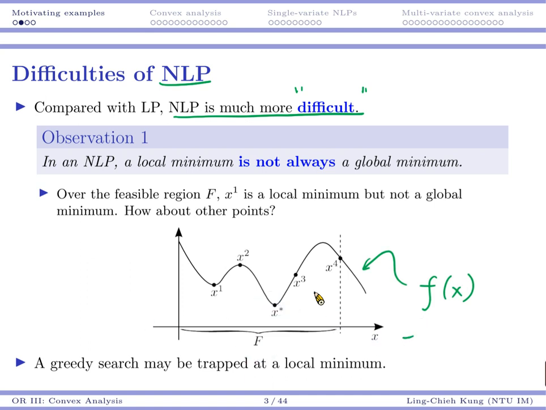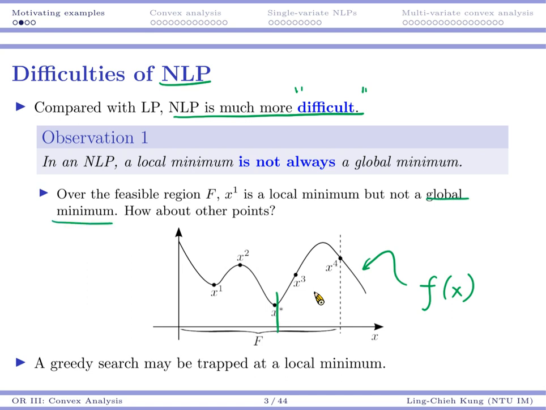So don't forget that when we say x star, it's actually here. It's just that because we want to make this figure easier to see, we label x star around its objective value, alright? But x star actually means the x value. X star is optimal, or we should say x star is global minimum, alright?